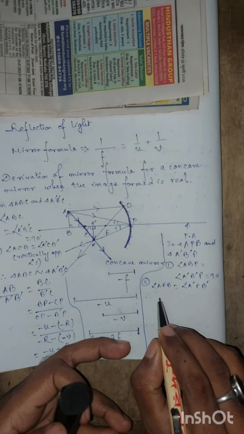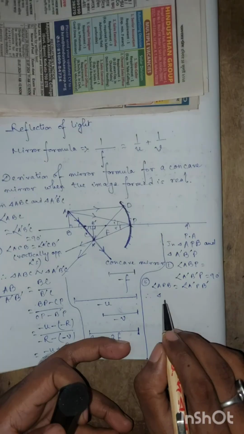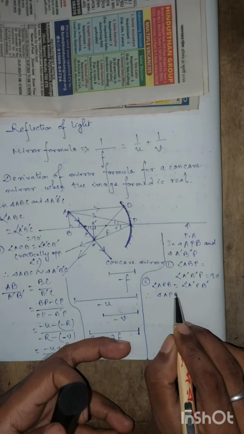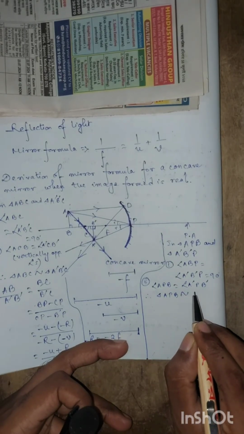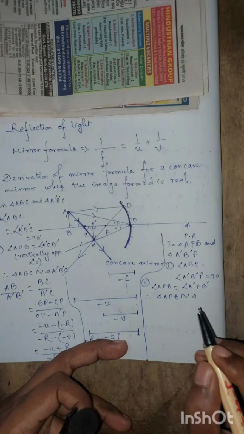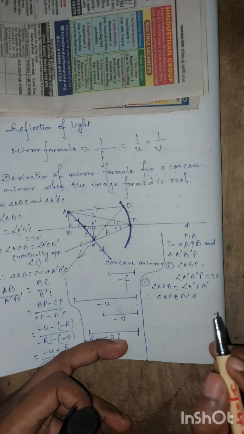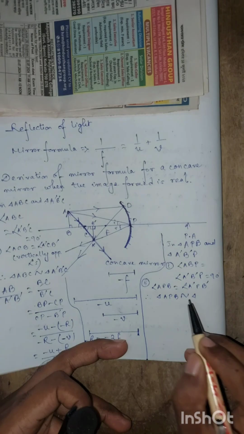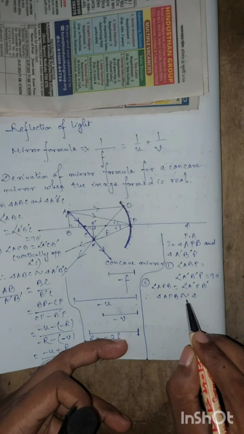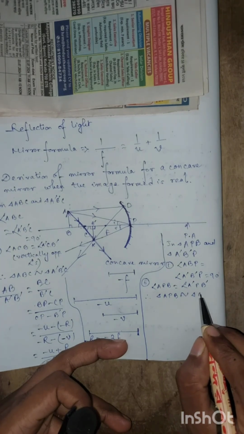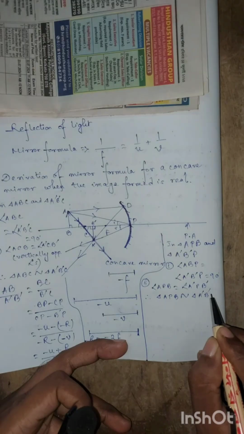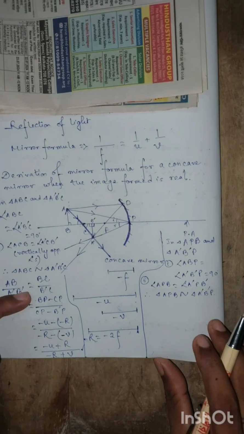Therefore, we can say triangle APB is similar to triangle A dashed B dashed P.